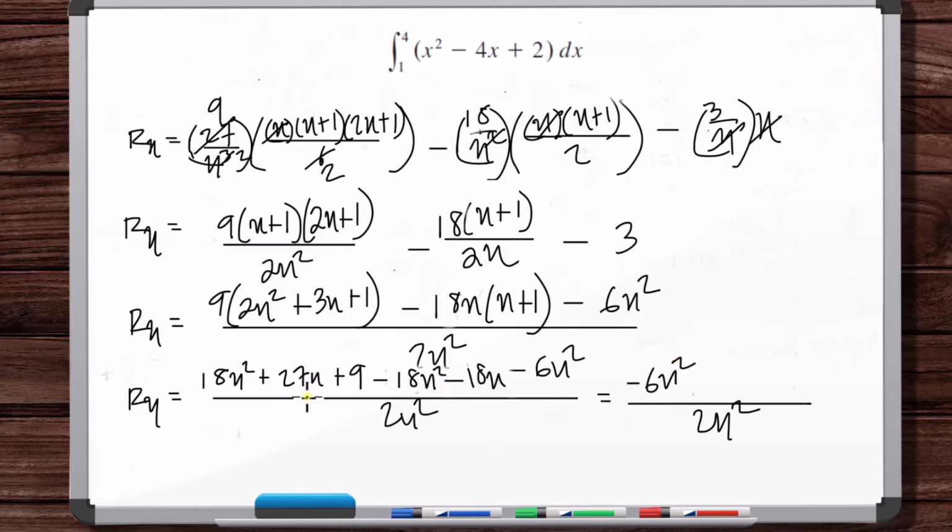Then 27n minus 18n is positive 9n, and then plus 9. Okay, so we can divide the numerator and the denominator by 2, and you're left with, or no, can't do that. So yeah, that's R sub n right there.